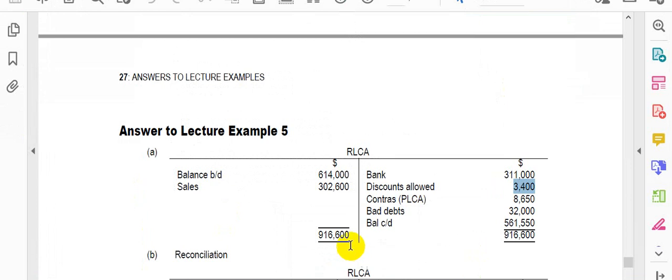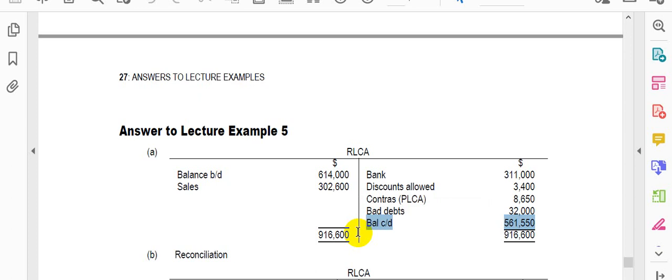Then we add both sides to get the side with the highest. We see that the debit side is higher. The total on the debit side is 916,600, not 316. So we bring the same 916,600 on both the debit and the credit side.